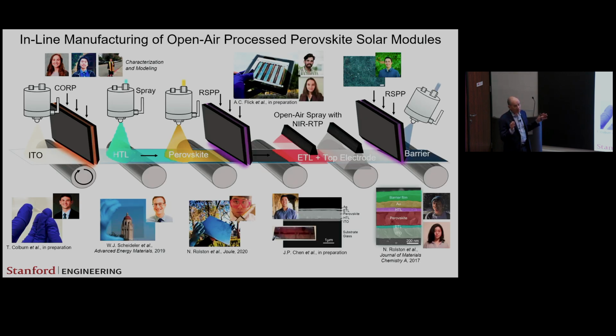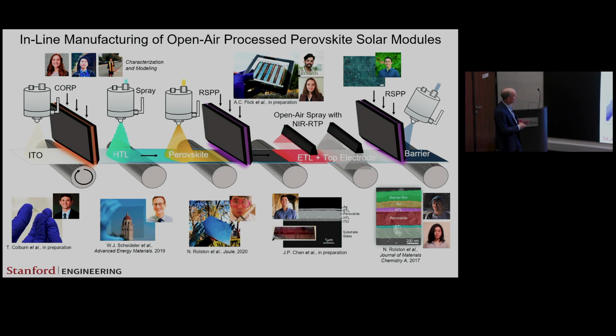Okay, so after many years of research and three big programs supporting the work, this is where we are currently. Every one of these stations here involves the scalable manufacturing of everything starting from the initial ITO.